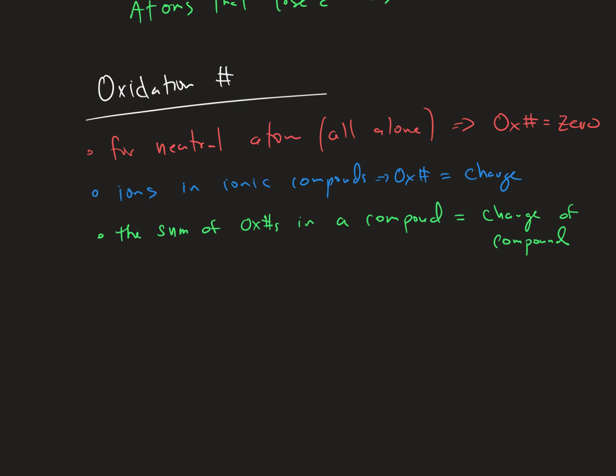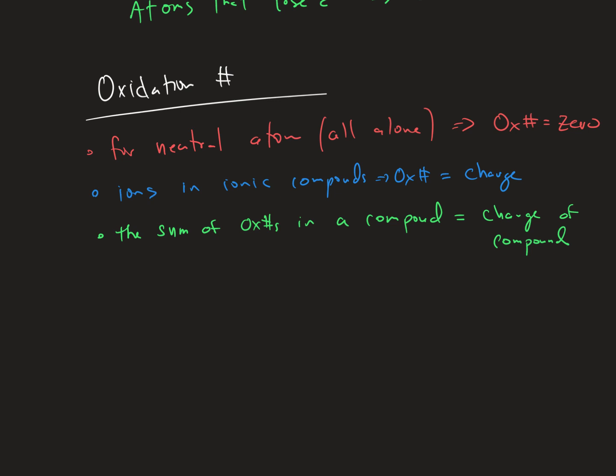But for a covalent compound, do all covalent compounds have to have a charge of 0? What's an example of one that doesn't have a charge of 0? Starts with a P, ends with atomic. Polyatomic ions are charged covalent compounds, right? And so the sum of the oxidation numbers of the elements in that polyatomic ion is going to equal the charge of that polyatomic ion.